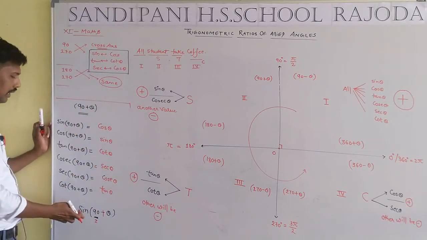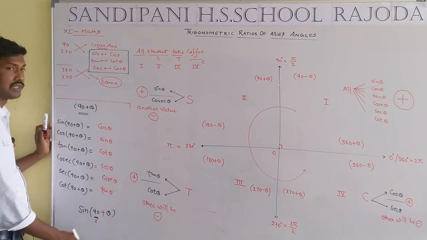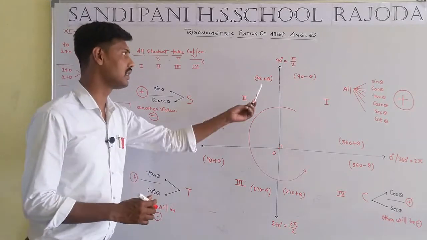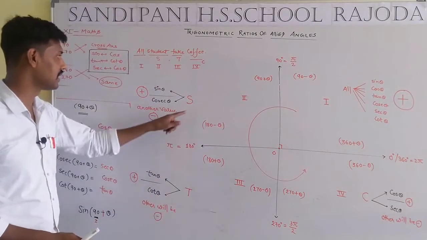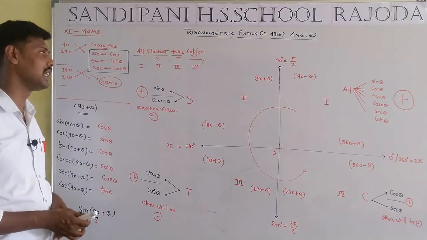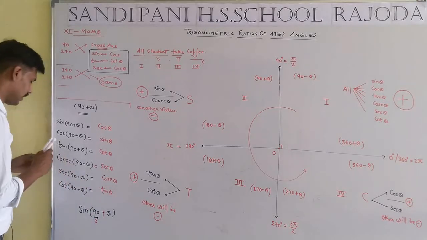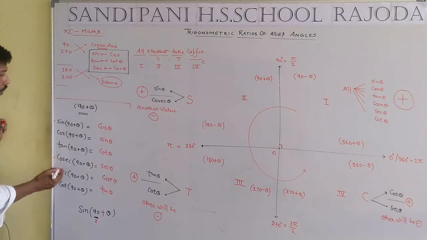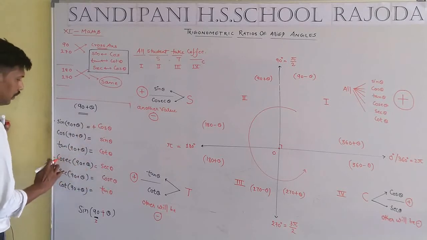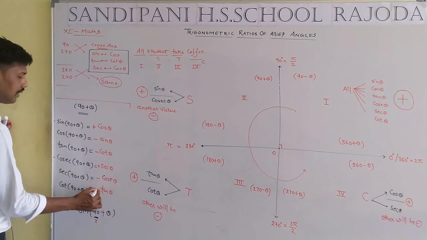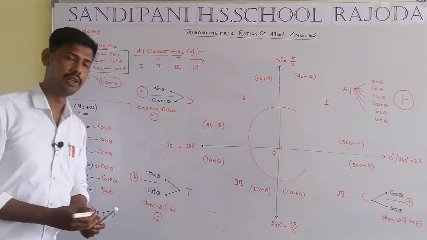In the case of 90 plus theta, it lies in the second part. In the second part, the answers of sin and cosec, both are positive, other answers will be negative.